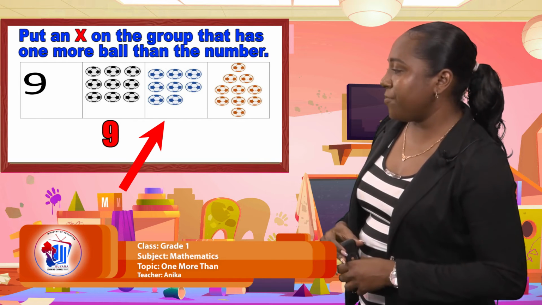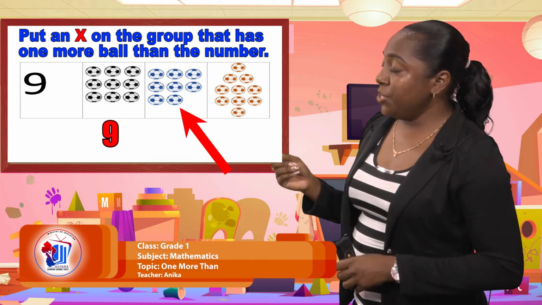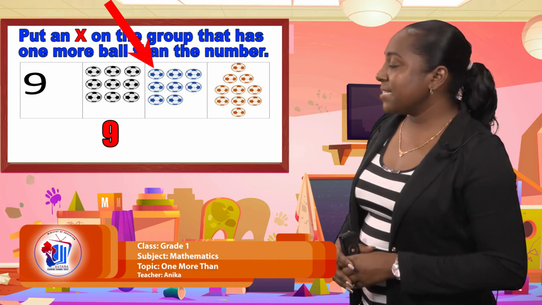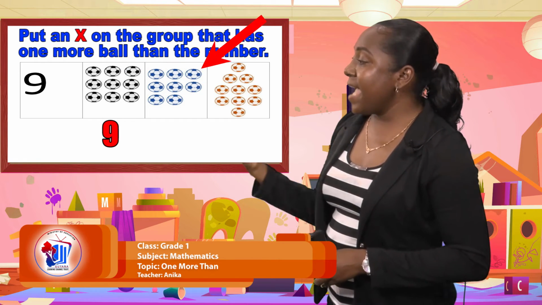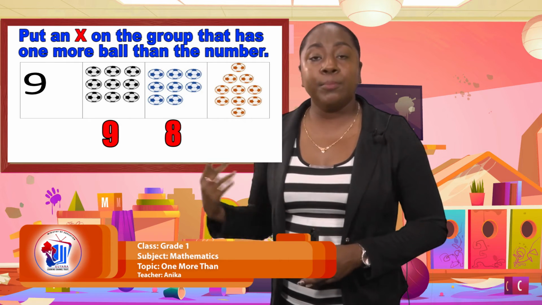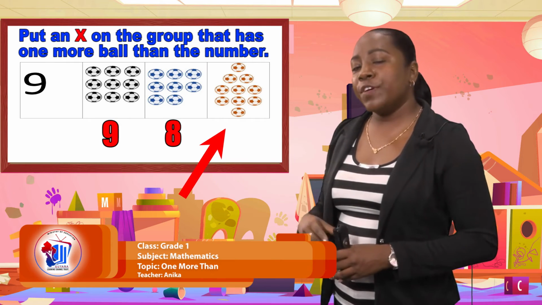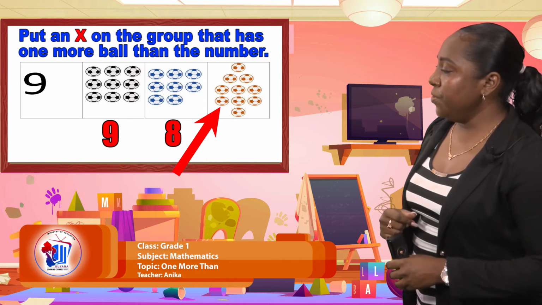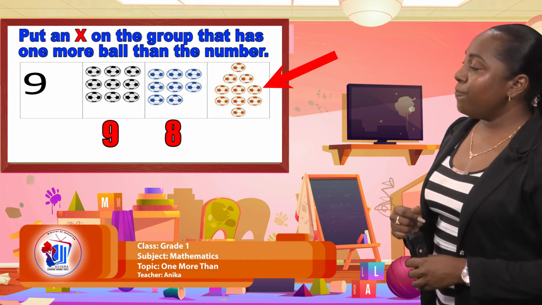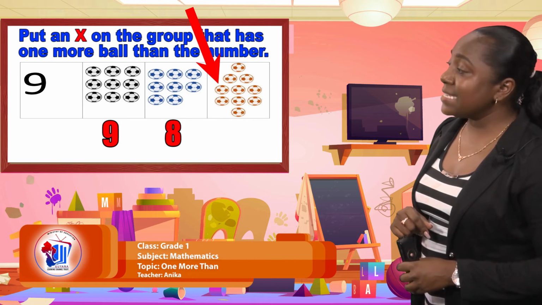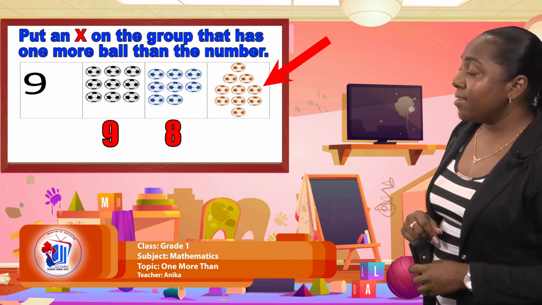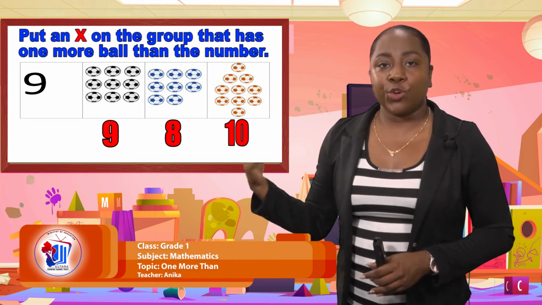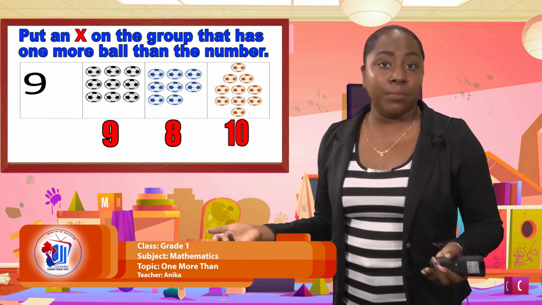How many do we have here? 1, 2, 3, 4, 5, 6, 7, 8. We have 8 blue balls. Let's go over to the group in orange. 1, 2, 3, 4, 5, 6, 7, 8, 9, and 10. So the orange set, we have 10 balls.